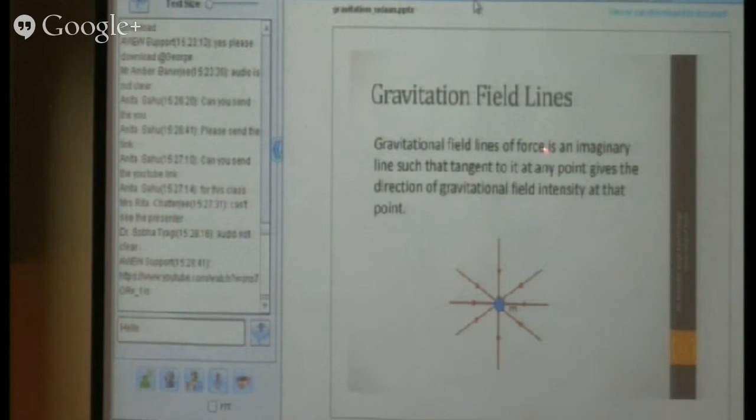These are imaginary lines such that the tangent to it at any point will always point in the direction of the gravitational field, right? From everywhere, these lines are coming and merging at this particular point. We call it a gravitational field line. It's a concept, right? Next.